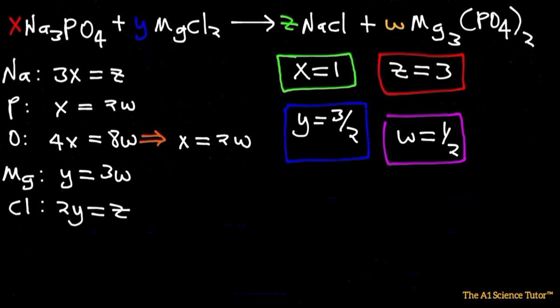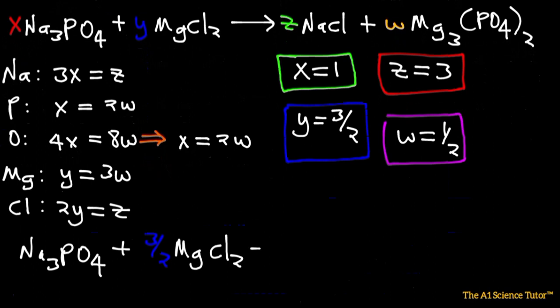So let's plug it back in. For x, we have 1, so we're really just going to write it as it is. And y, that is 3 halves magnesium chloride.